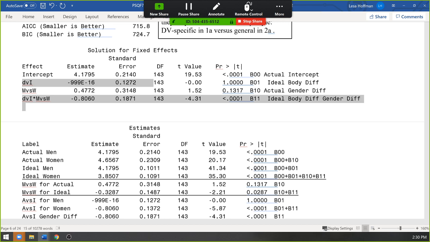It has the same number of parameters, same fit, same everything, but it uses a general intercept so that the difference between outcomes is in the model directly as a fixed effect, not as a linear combination. What it means, though, is that anything related to ideal is a linear combination. Because the model tells you what it is for actual, and it tells you how it differs for ideal, you have to add those together to get to whatever it is for ideal in terms of an intercept, a gender effect, etc.